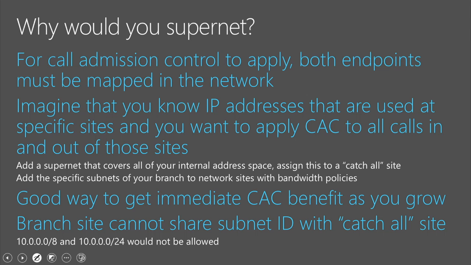So there's one case where you might want to use a supernet for call admission control. Say you have a big headquarters site with a whole bunch of subnets, and a bunch of little branches, each with one subnet of their own. You just want to control bandwidth in and out of those, and you don't want to have to define the hundreds of other subnets you have at HQ.